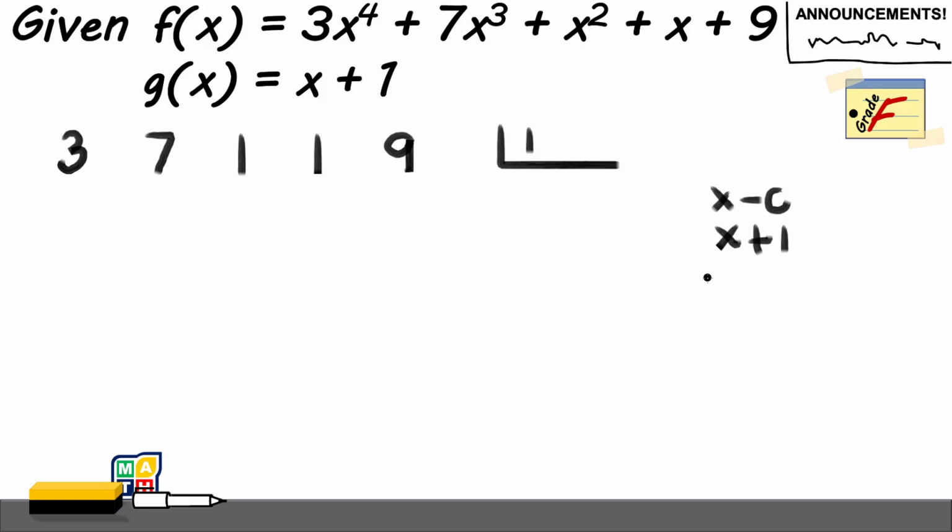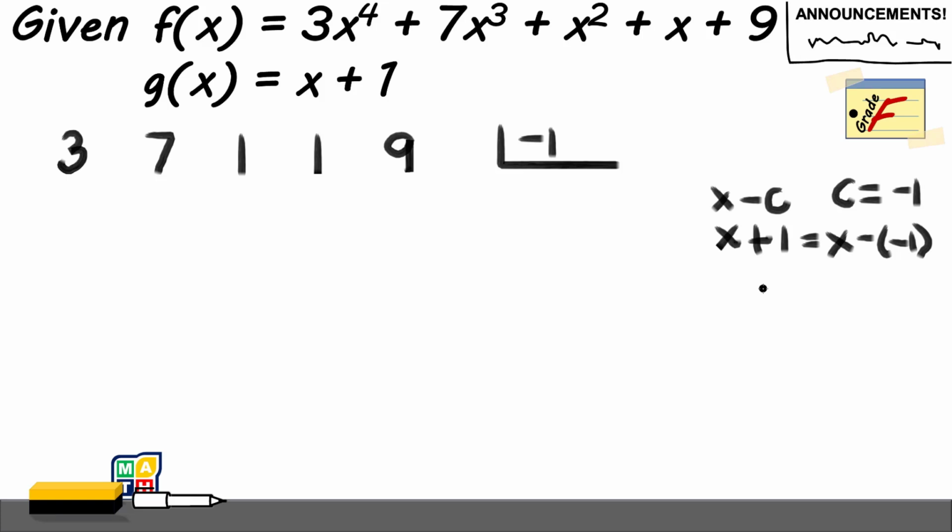Notice that it should be x minus c, so we need to come up with x minus something. X plus 1 can be written as x minus negative 1. Hence, following this pattern, x minus c, our c here is not 1, but rather negative 1. This is the coefficient we are going to place in this box here.